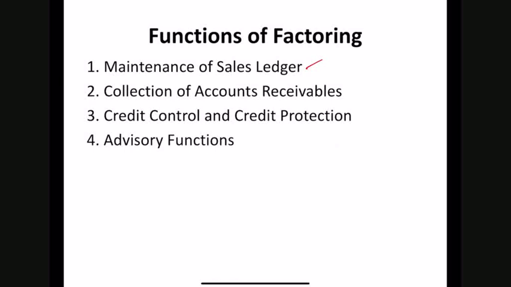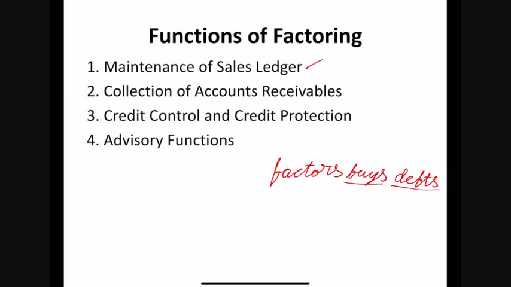Next, the second one is collection of accounts receivable. Under factoring arrangements, a factor undertakes the responsibility of collecting the receivables for his client, because the factor buys debts, all my debts.